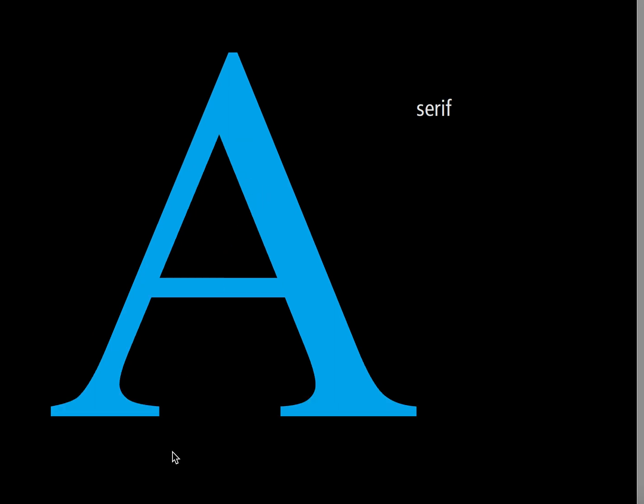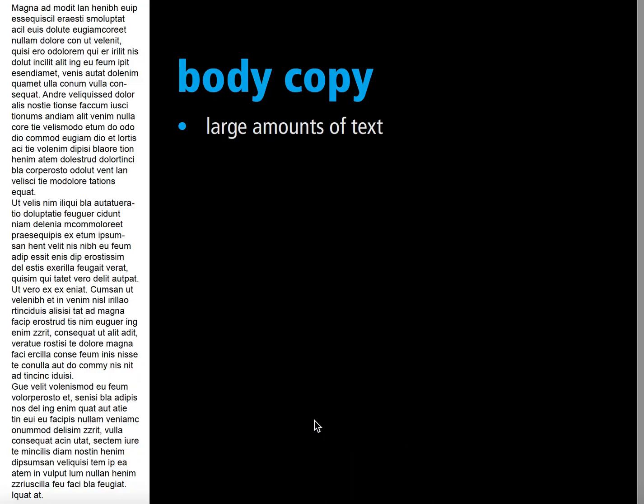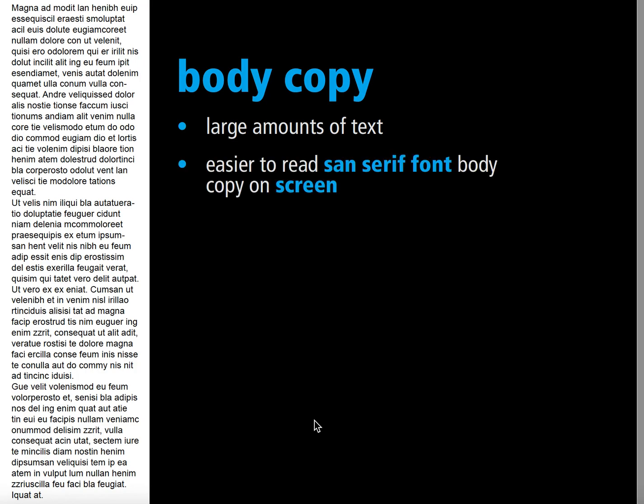The difference is serif means they have little feet typically. It's little extras. Whereas sans serif, meaning no feet, has none. There's no extra little kick out on this guy. Body copy, large amounts of text, is typically easier to read in sans serif, meaning no feet, on a screen.